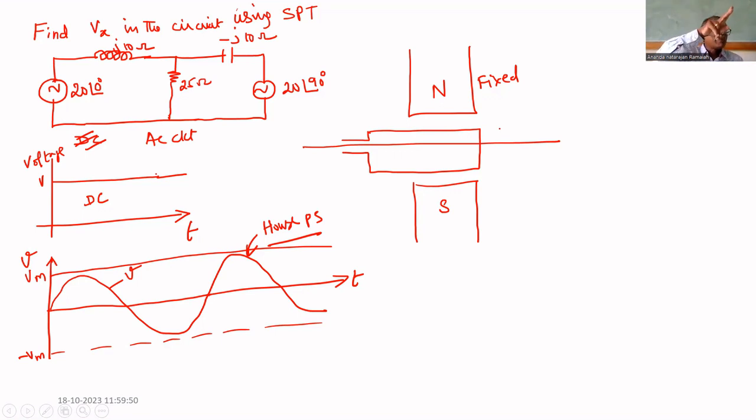If it is in this position, there is no vertical component, only a horizontal component along the flux direction, so no EMF. If it is in the maximum EMF position and you incline it, it has both components. For the vertical component only, there will be induced EMF. That's why it is in between the maximum and the minimum.